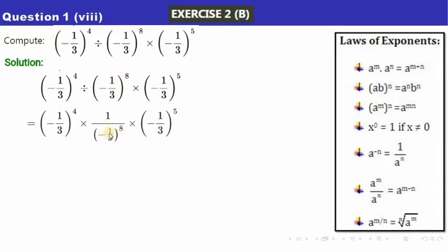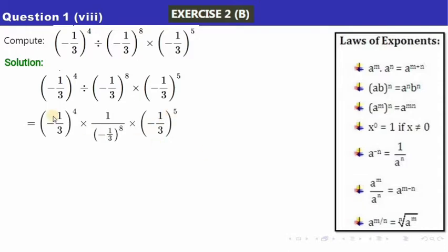Alright, okay. Now if you see here carefully, consider this minus 1 by 3 as your a. So in that case this becomes a to the power 4 into 1 by a to the power 8, and into this is also your a, so this becomes a to the power 5.